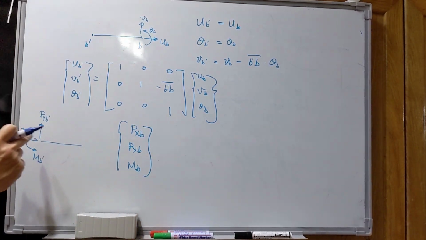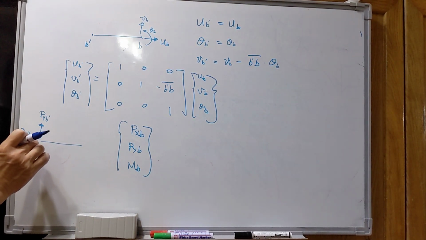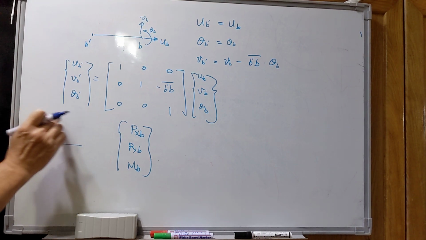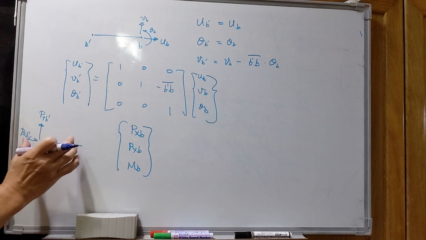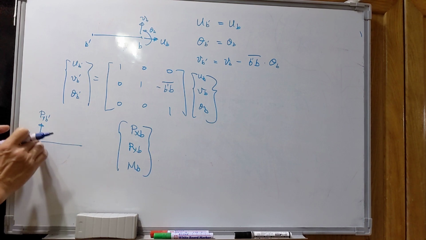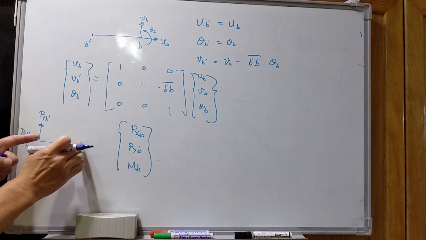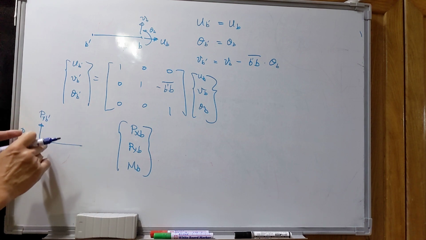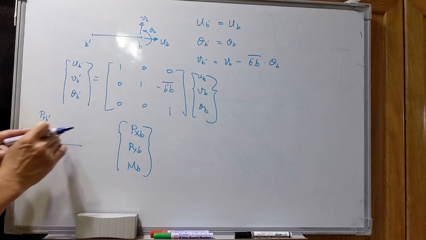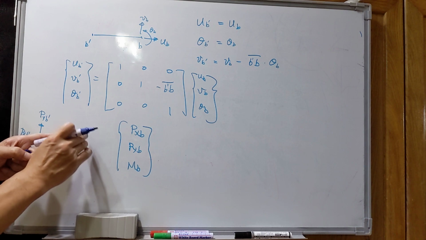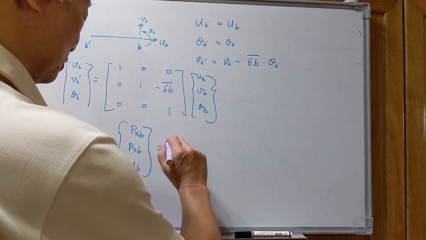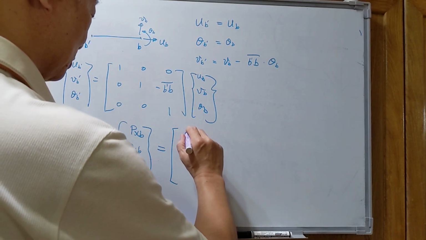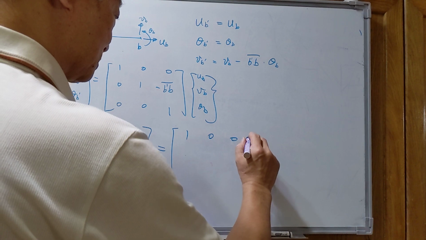If we have the end force which is applied to the B prime, and we know from the B prime to the B, they are the rigid end zone, so we can calculate the equivalent force system. If we change the force system here to the force system applied to the B, what will be the equivalent force system? And for this one, it should be 1, 0, 0.